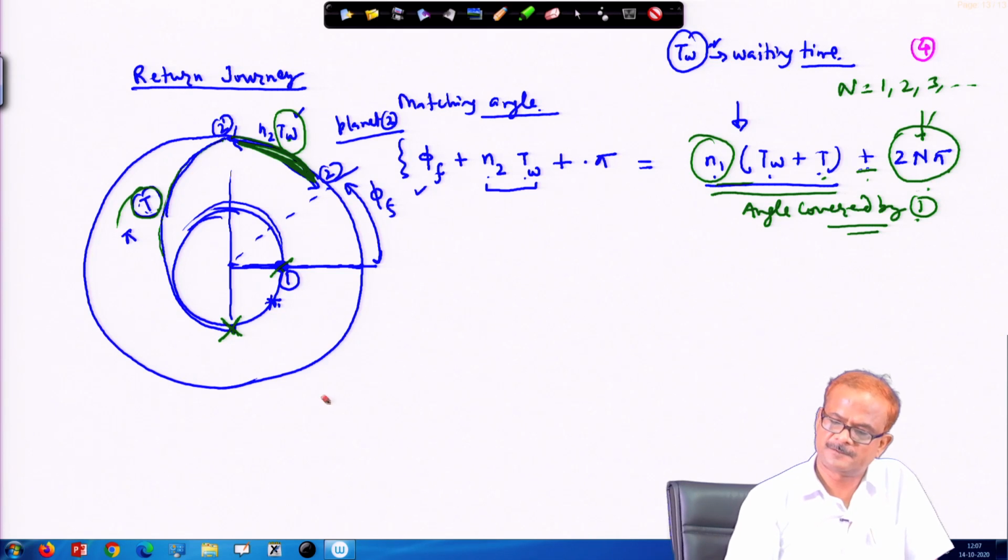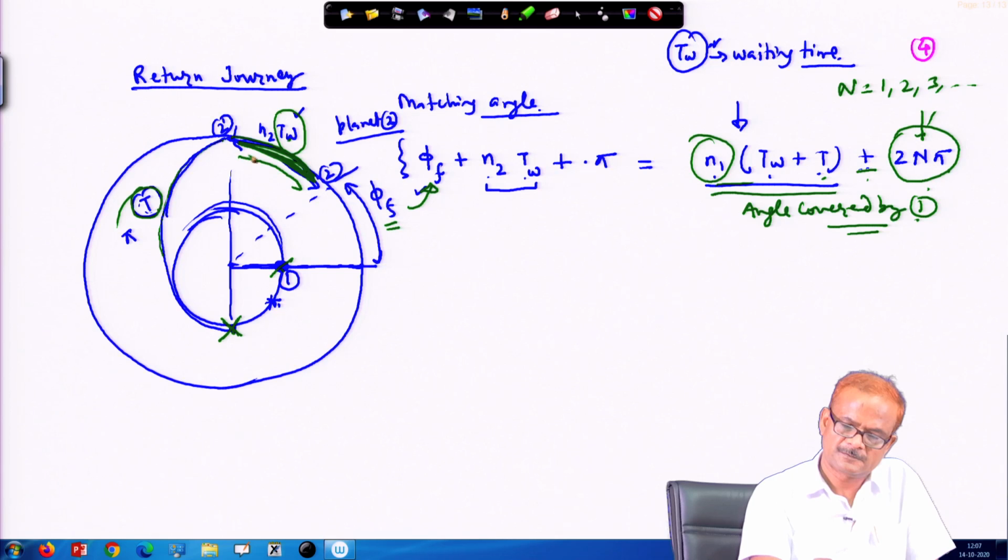This part is the angle covered by 1, and this angle must be equal to phi f, which is written here, plus n2 times omega, this angle. So, you can see here it starts from this place, if we just look angle-wise, it goes to this place, and from here the launch is being done.